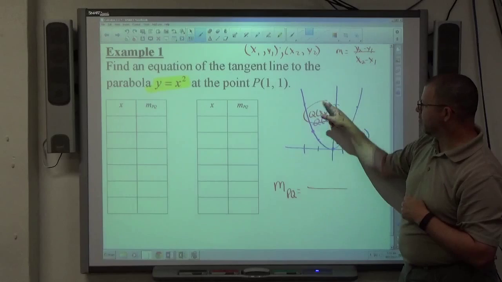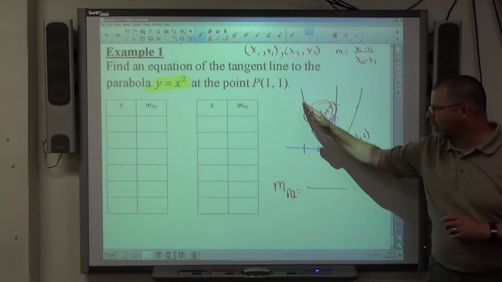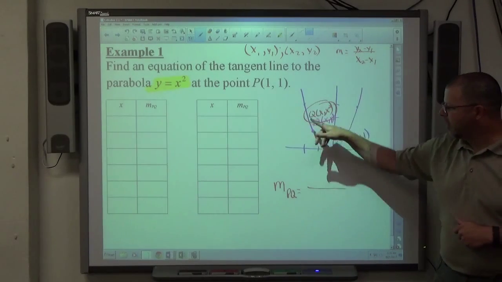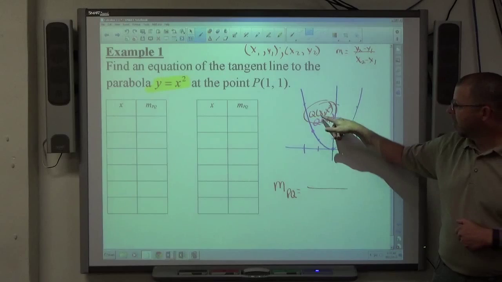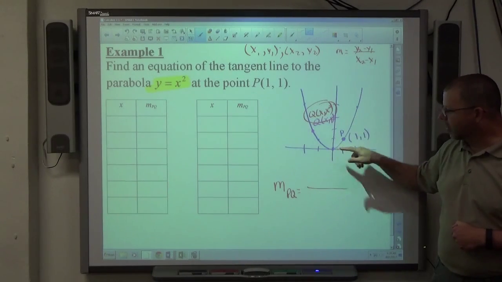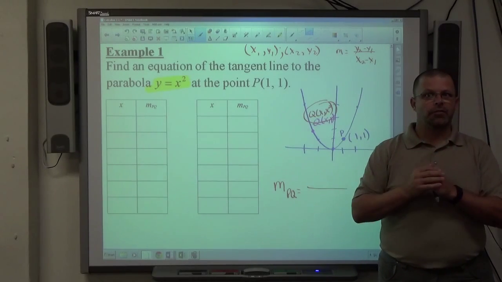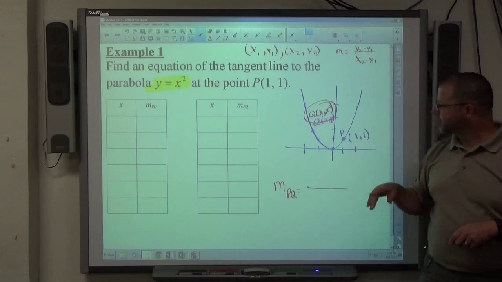So this point here is representing any generic point on the curve. I can pick x, square it, and then I got a point on the curve, right? So Q is going to be moving along this curve. If we change x, the point's moving along with that change in x. 0, 0 on the curve. 0.5, 0.25 on the curve. So that point is any point on the curve. I can move it. I have freedom of movement because x is a variable.